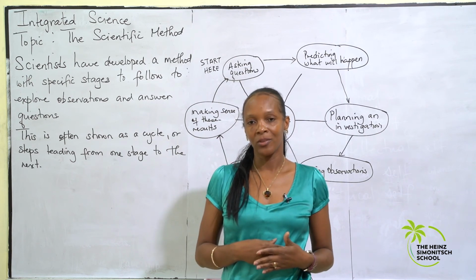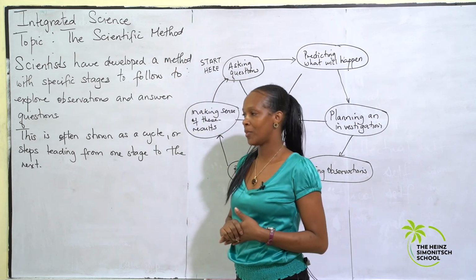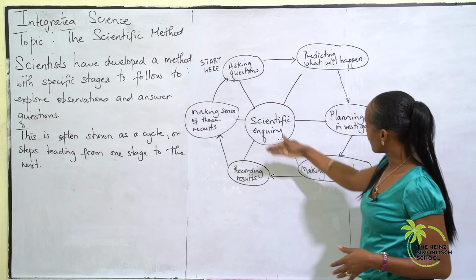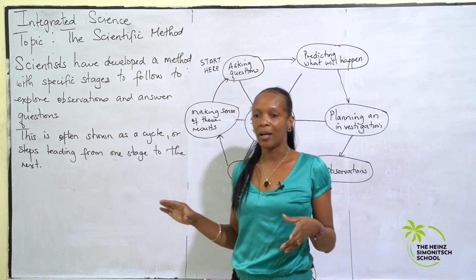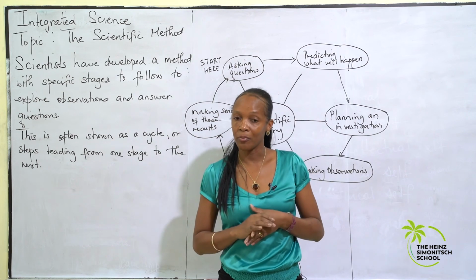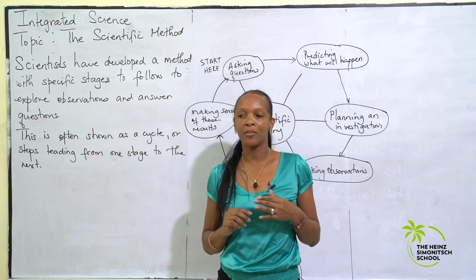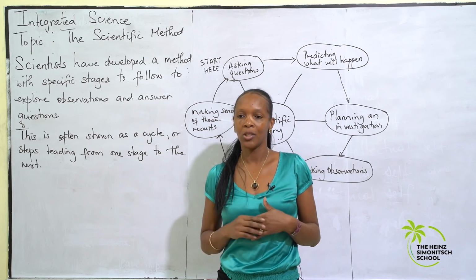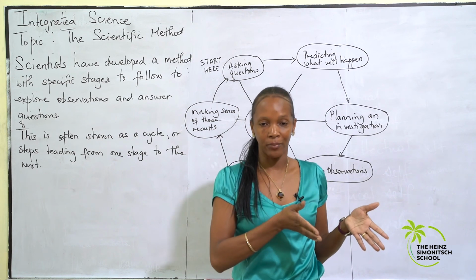All right? So now that we have seen the scientific method, we see the steps involved, now we can plan an experiment, or you come up with a question, something that has been bothering you for a while. You want to know why this happens, why that happens.